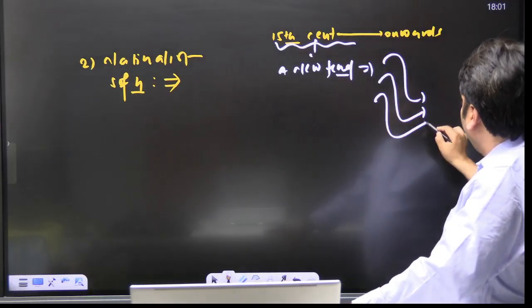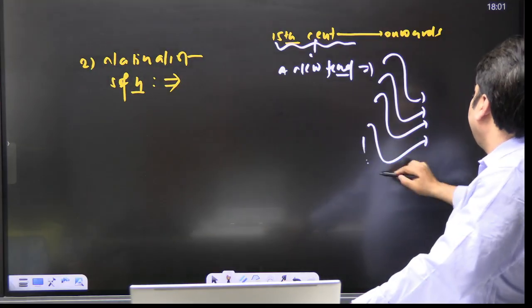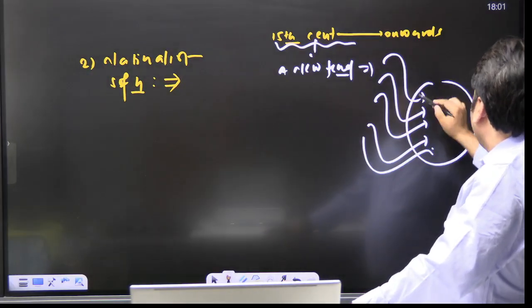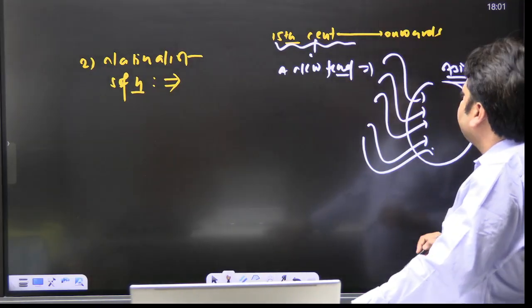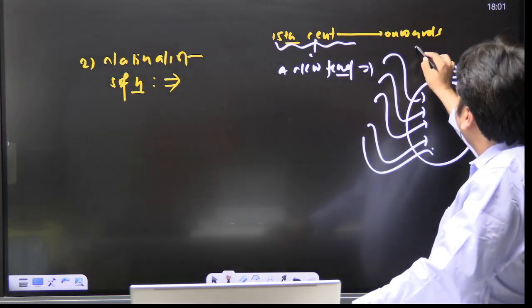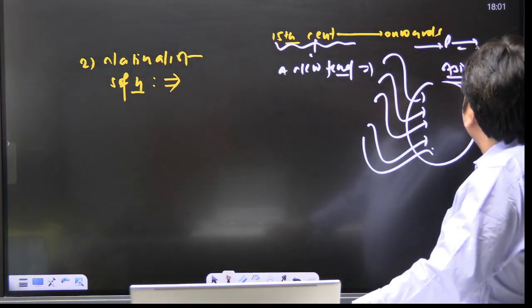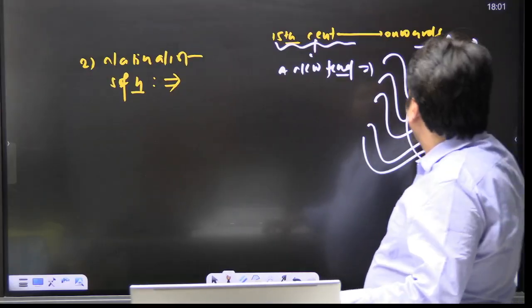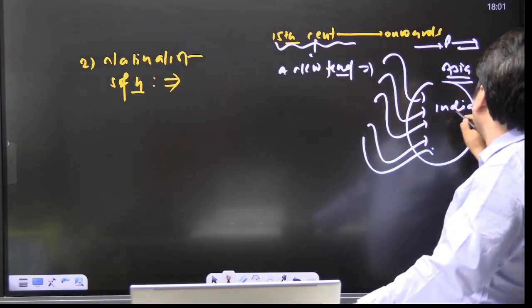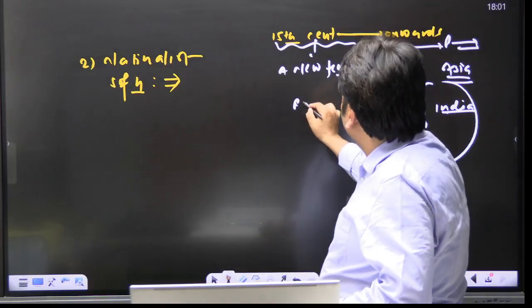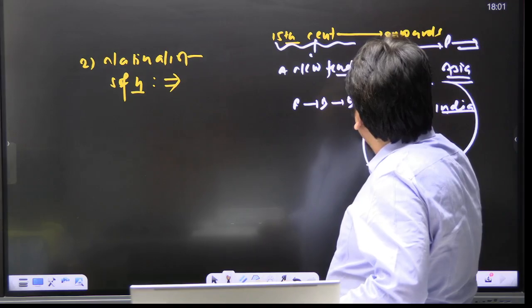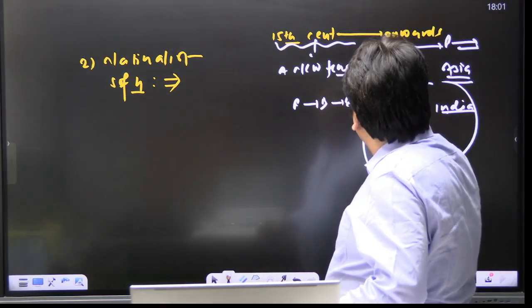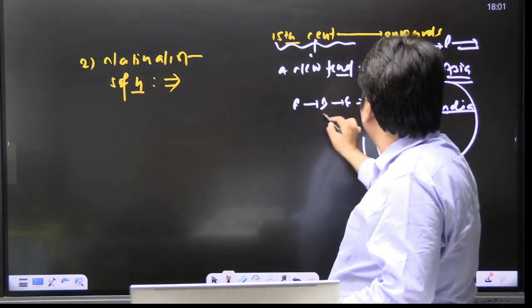Different European groups started reaching the countries of Asia. It means different European groups' penetration started in Asia. Like when we talk in the context of India, Portuguese, then Dutch, then English, then Danes, then French. So this is the sequence.